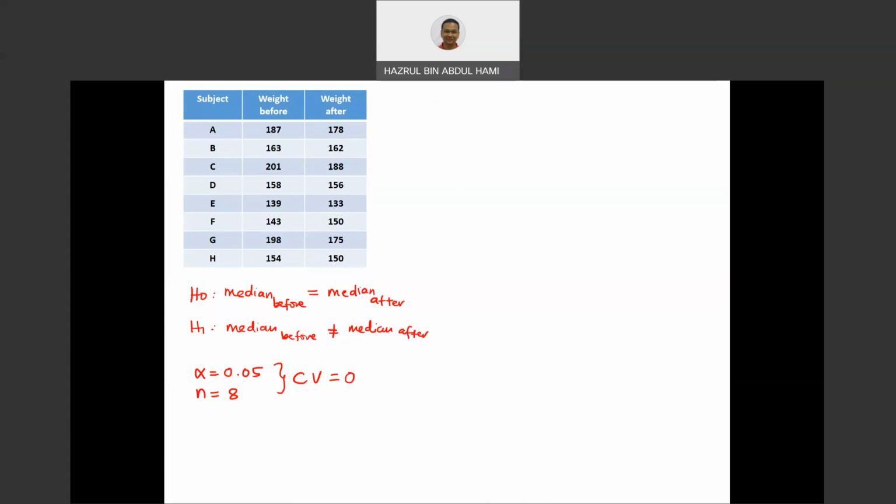Let's say the weight before is xi and the weight after is xj. Now we have to find the sign. We are just interested to know the sign of xi minus xj. So 187 minus 178 is positive.